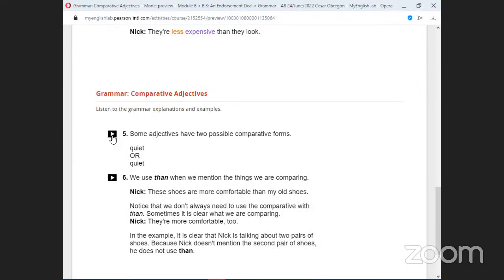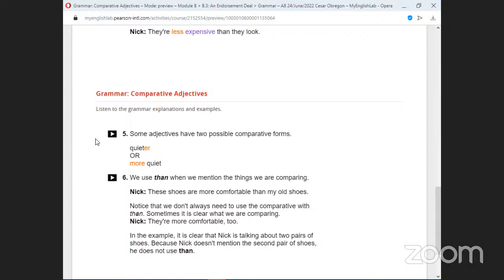Five. Some adjectives have two possible forms: quiet, quieter, or more quiet. I know this part is confusing, but yes, they exist.